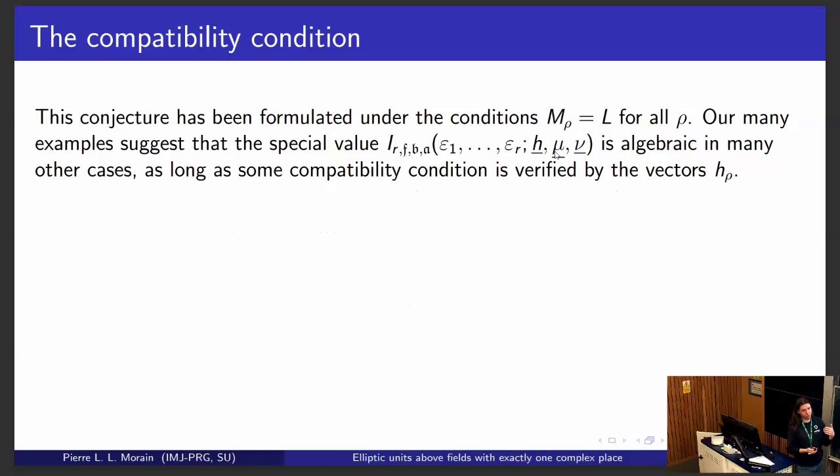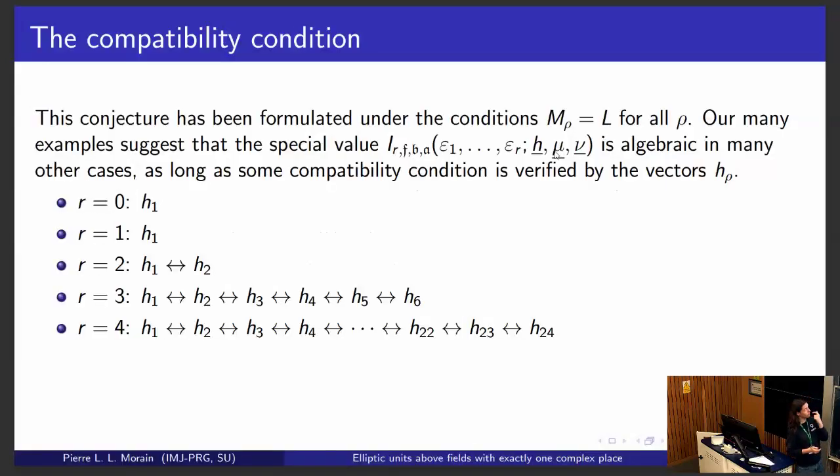But when you go to quartic cases, quintic cases, and so on, you see that there are compatibility conditions on the torsion points that you have to choose, because I have to choose R factorial torsion points that have to agree with each other. That's what I'm writing here. In the quartic case, I only have to check 1 compatibility condition, and I'm done. If I do degree 5 fields, I have to check 6 compatibility conditions between my torsion points before I can think that my number is going to be algebraic.